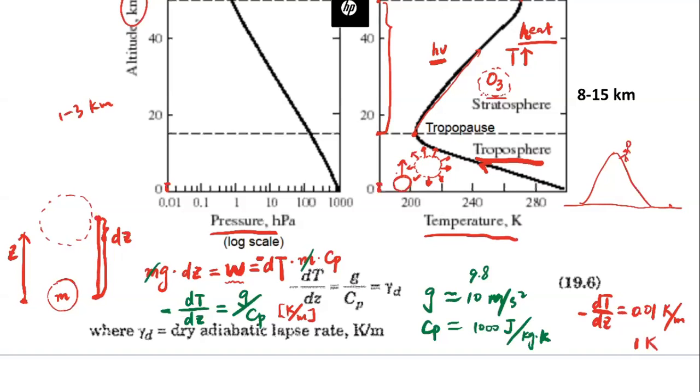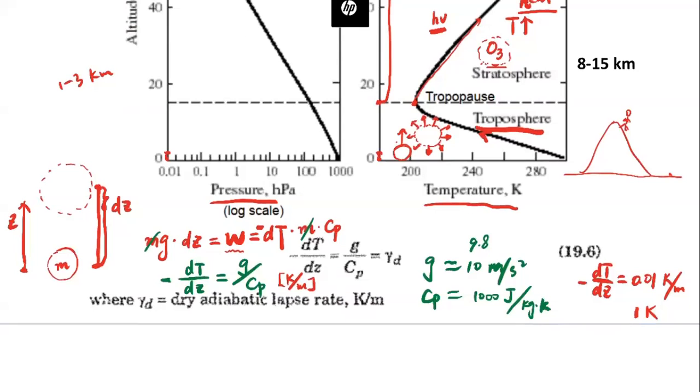That's a 1 Kelvin difference, right? If you climb up Mount Everest, that's around 8,000 meters, so the temperature is going to decrease by around 80 Kelvin. That is a much larger change of the temperature.